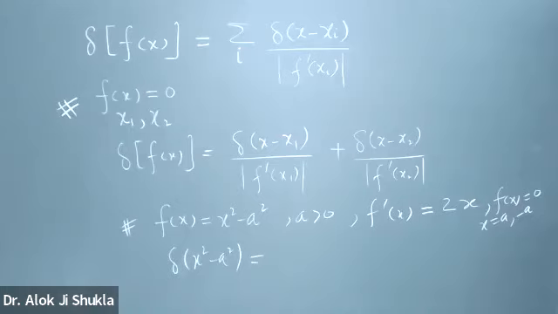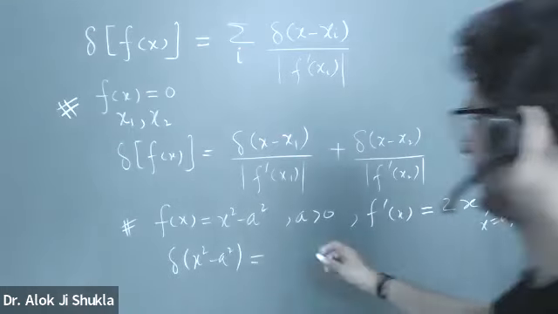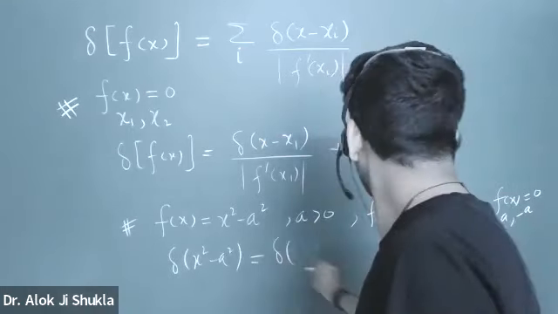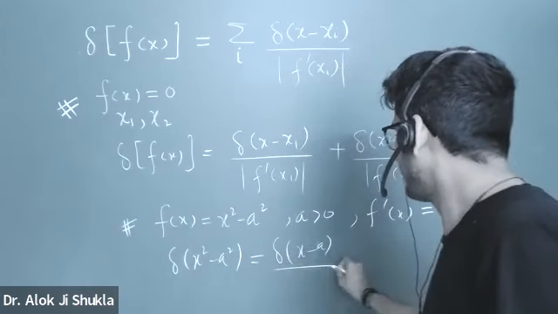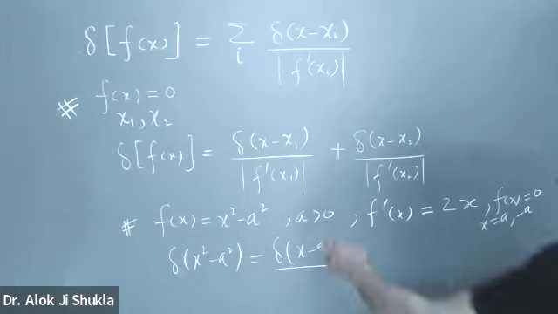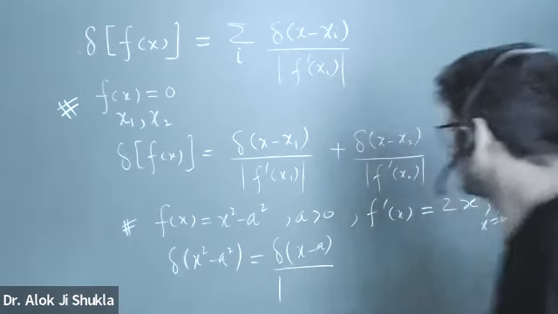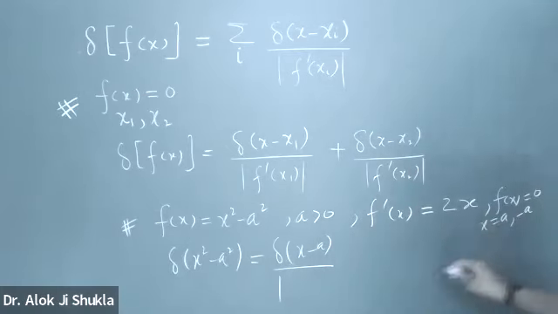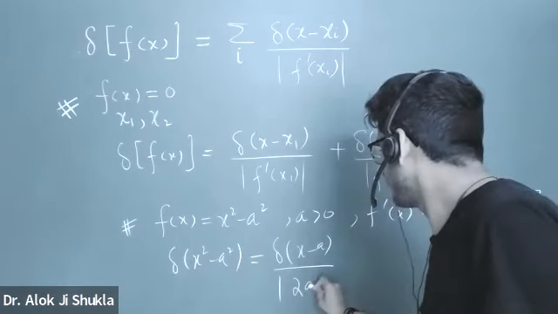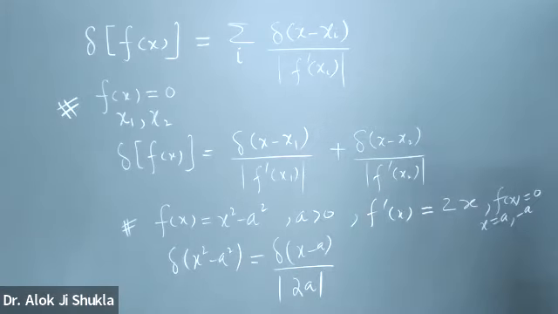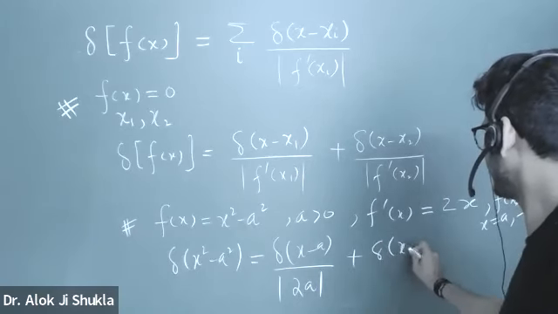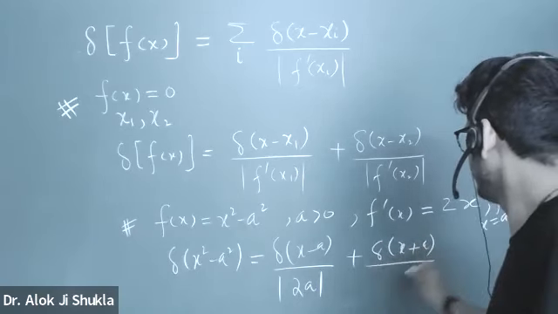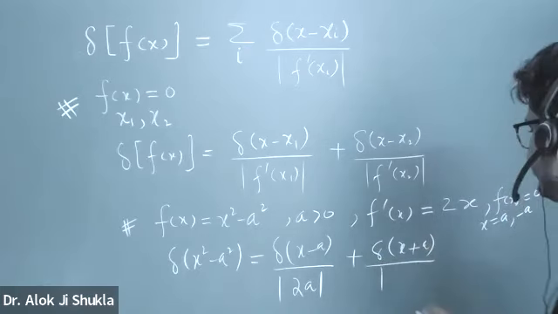So it will become delta function, let me take the a first of all, x minus a upon mod of derivative, which is 2x, so mod of 2a, plus delta function x plus a upon mod of minus 2a.